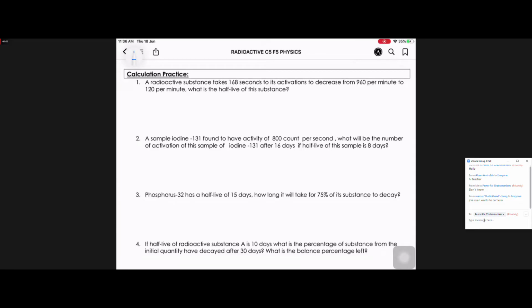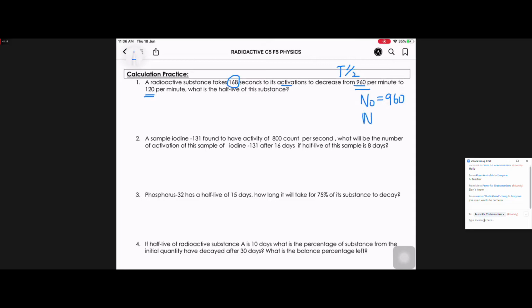What is the half-life of this substance? The initial amount was 960.